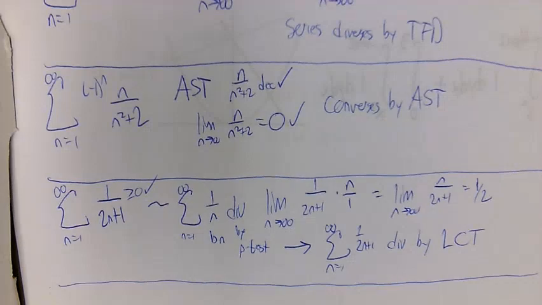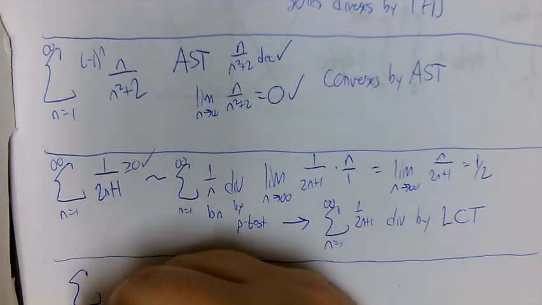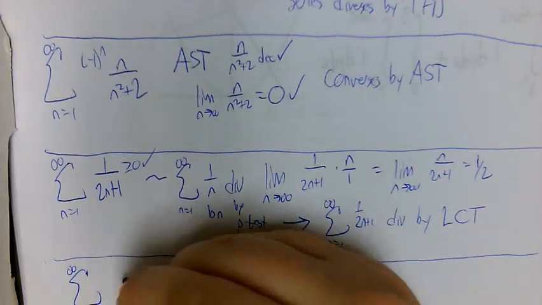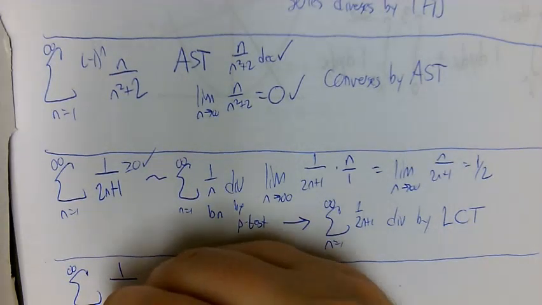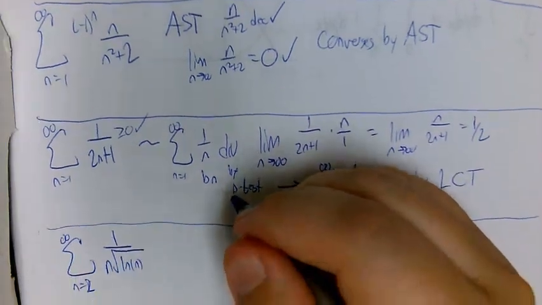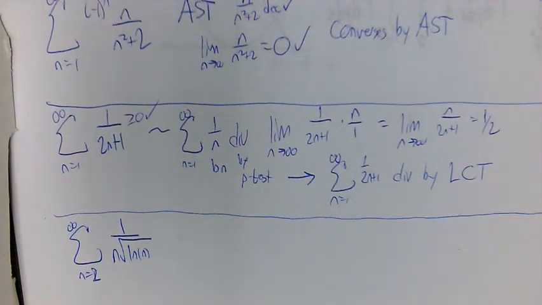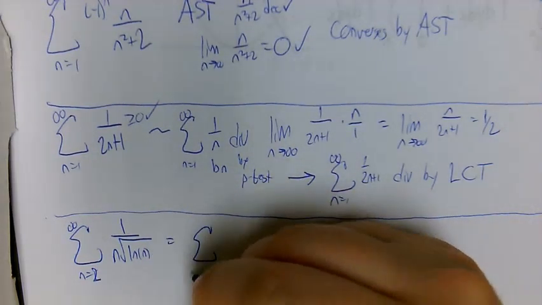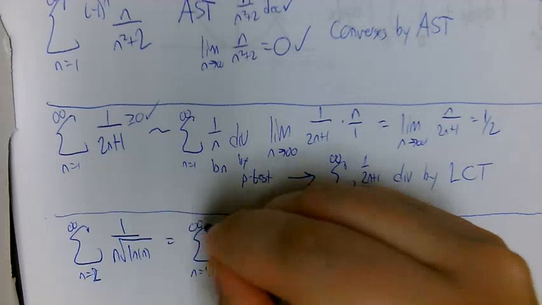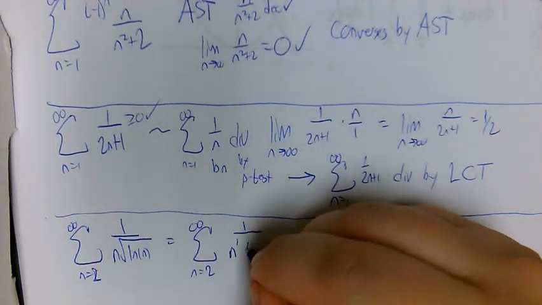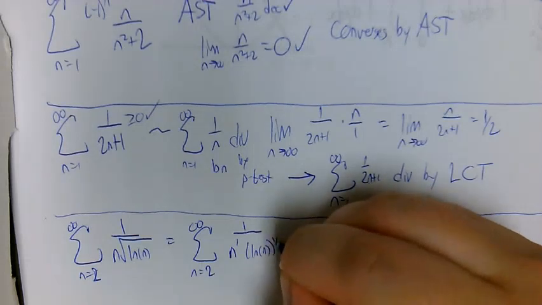Let's go to this one. The sum from n equals 2 to infinity of 1 over n square root of ln of n. All right, now this one is actually one of the generalized p-series, because this is 1 over n to the first, technically, and then we have ln of n to the 1/2.